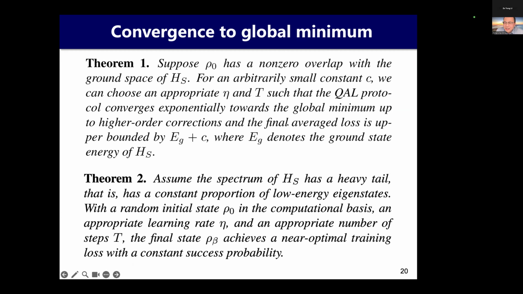and the average loss is upper bounded by your ground state energy. E_g means the ground state energy of the H_S, which corresponds to the minimum loss, plus some arbitrarily small constant c, right? Basically what this theorem says is that you can converge exponentially to the global minimum.